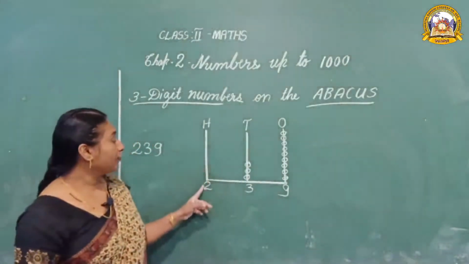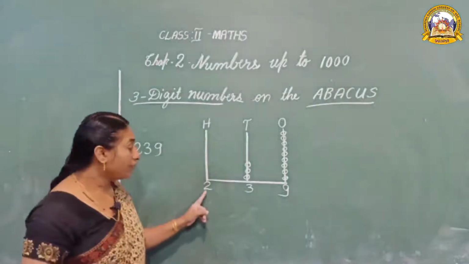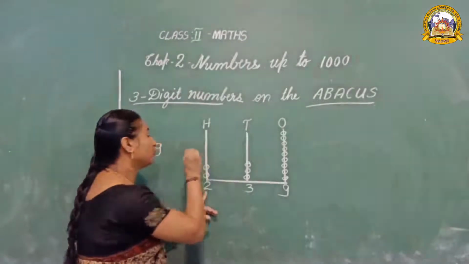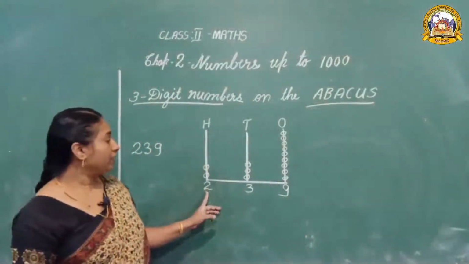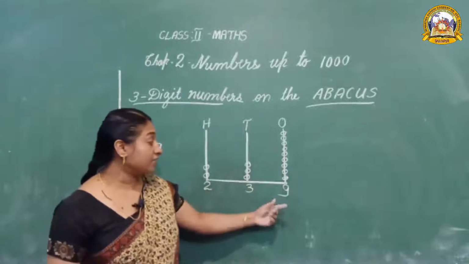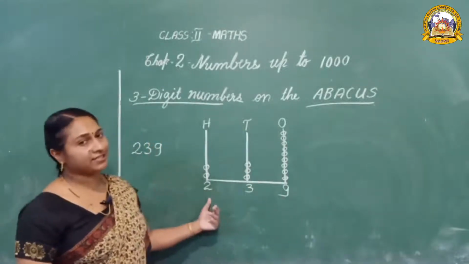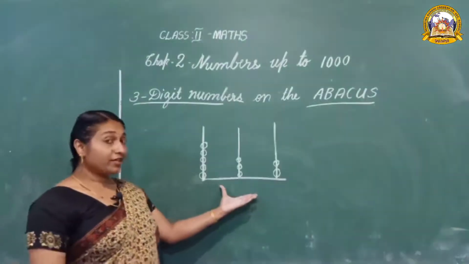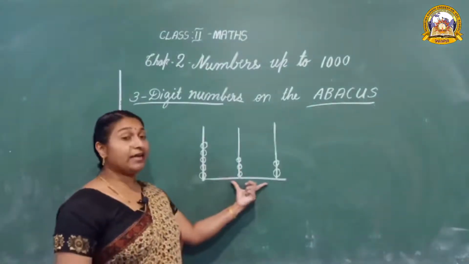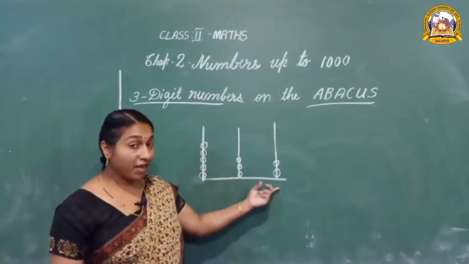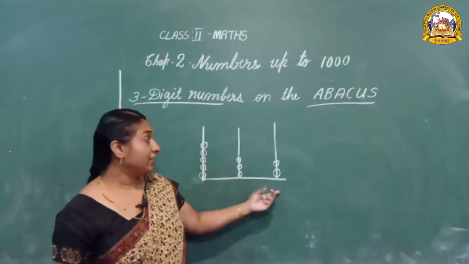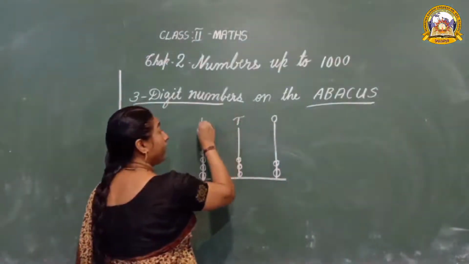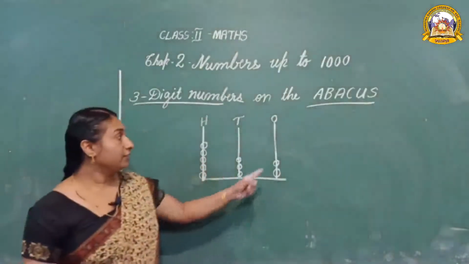Next, come to the hundreds line. How many beads are needed? 2 beads. Here we have to give the beads as per the given digits. Can you get it? Look here. Now I have shown an abacus here. Can you find the number? Here are the ones line, tens line and hundreds line.